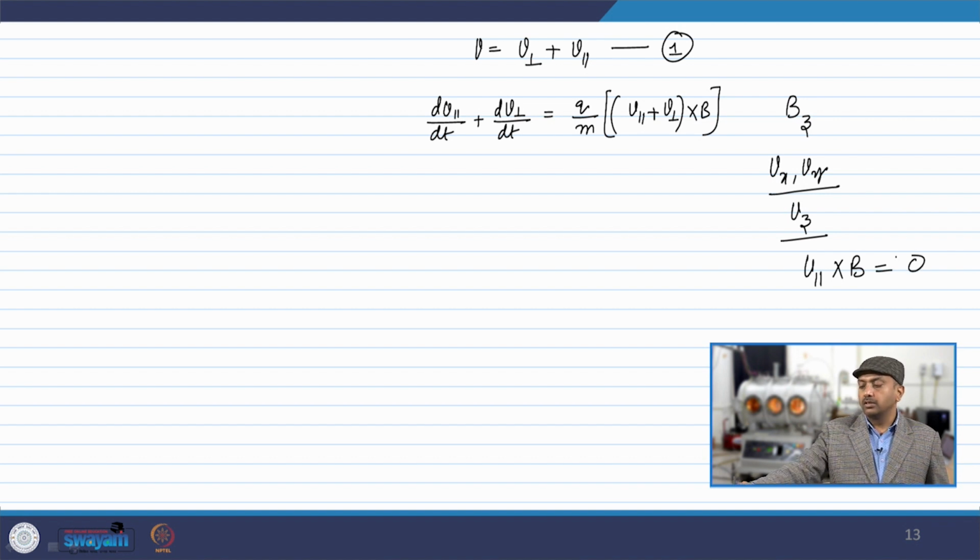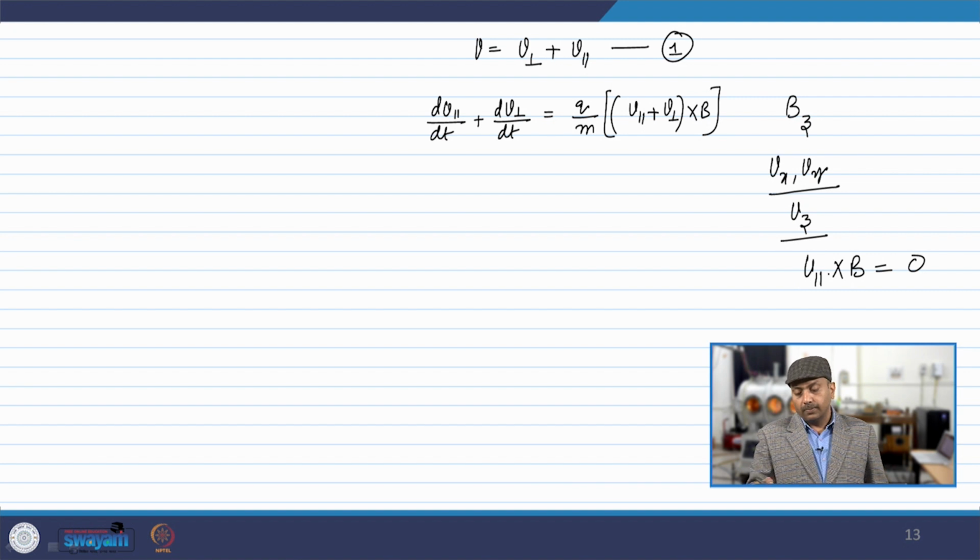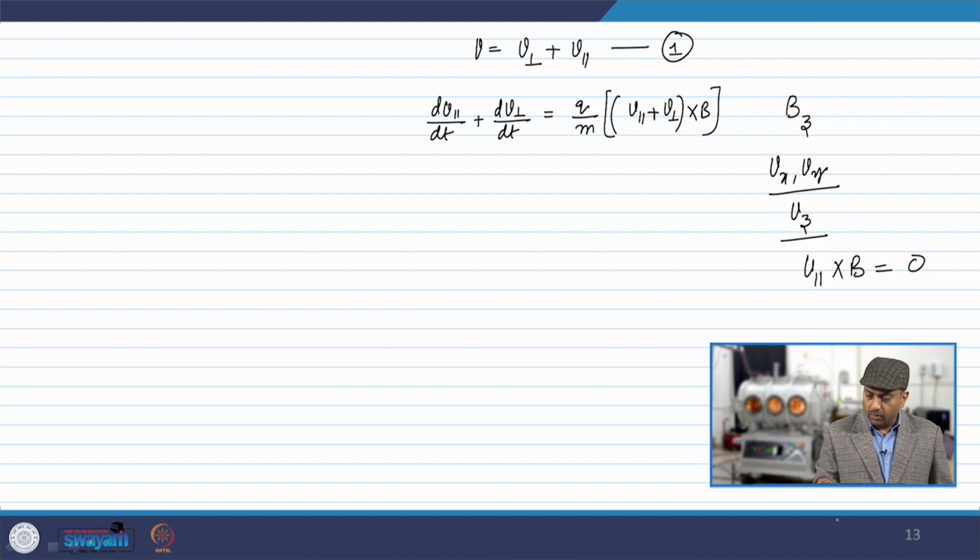Think about it, because v parallel is along the magnetic field itself. So, the angle is 0 and the cross product goes as sin theta, sin 0 is 0. So, we are left with dv parallel by dt plus dv perpendicular by dt is equal to q by m times v perpendicular cross b.